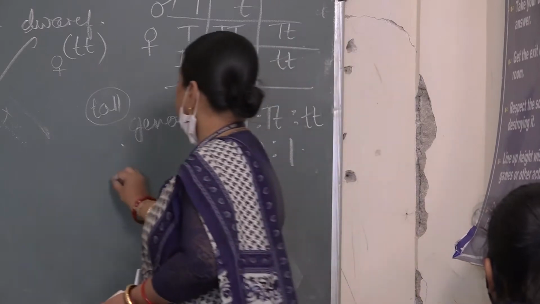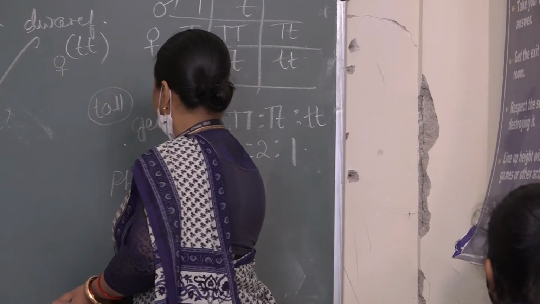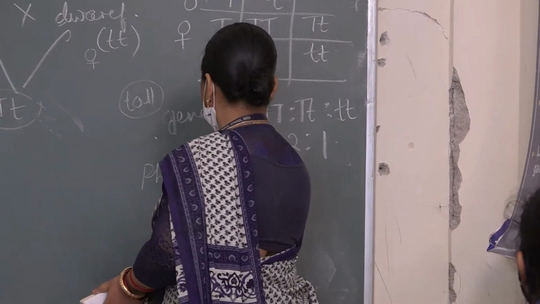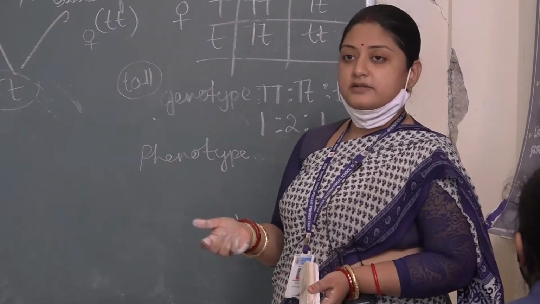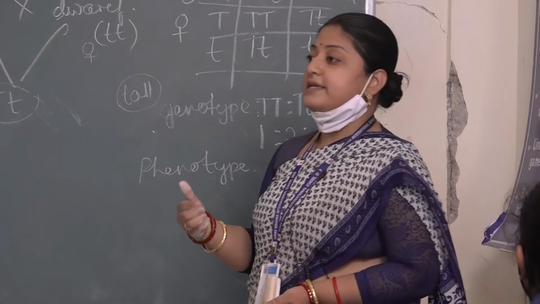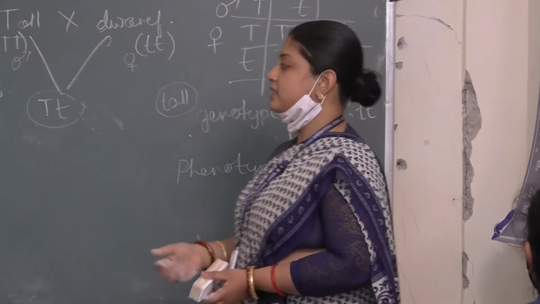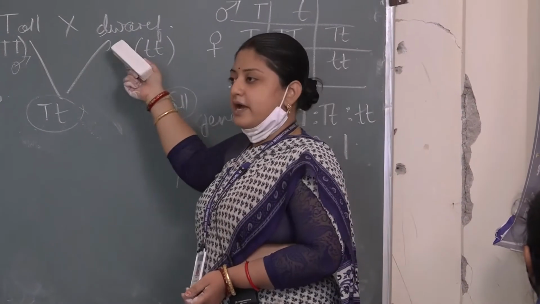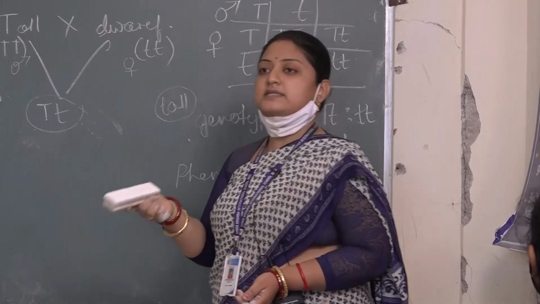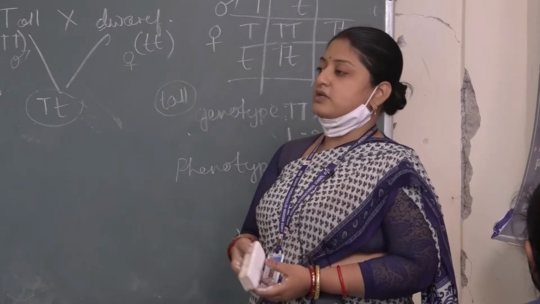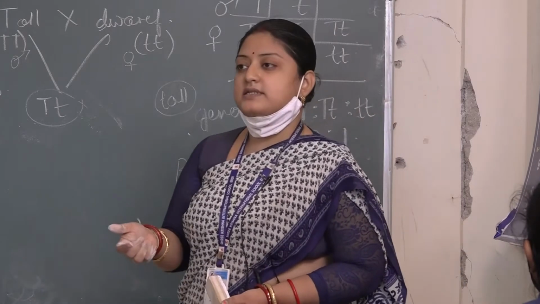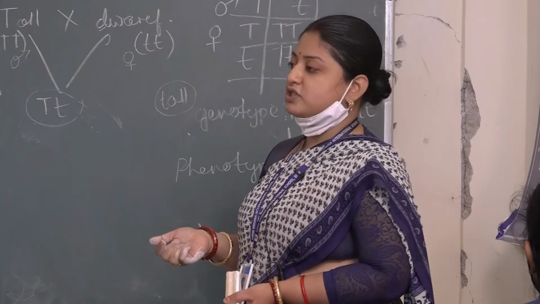Whereas if you consider the phenotype, what do we mean by phenotype? Phenotype means the characters which are expressed. You can easily observe those characters, for example the height of the plant. You can easily say that this plant is tall or dwarf. Flower position: either the flower is in axial position or in terminal position.